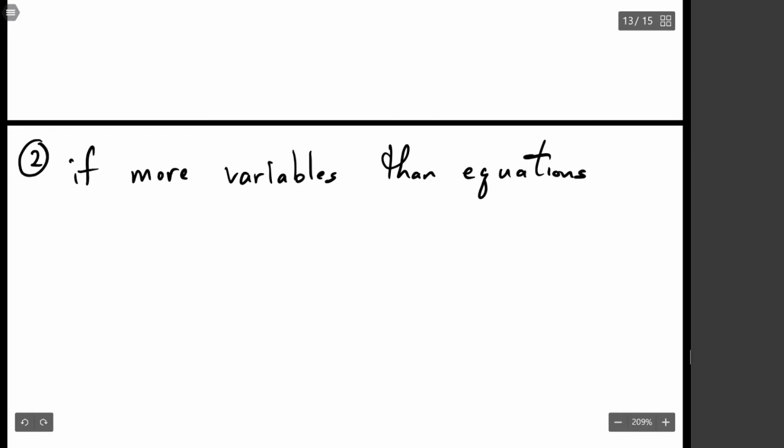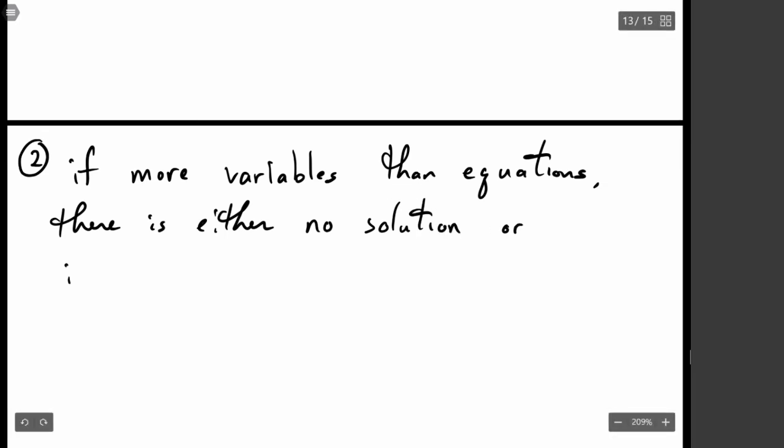Now this one is actually always true no matter what. There is either no solution, or infinitely many.